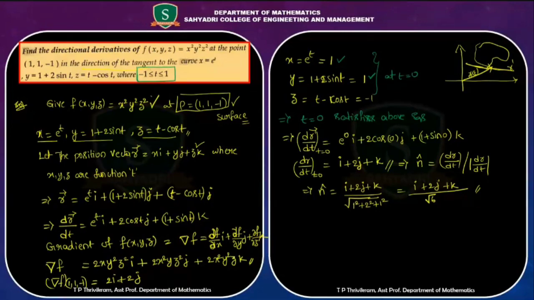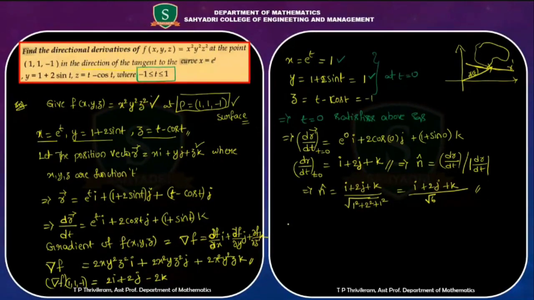Here the z power is 1, so I'll get minus 2k. So 2i plus 2j minus 2k.